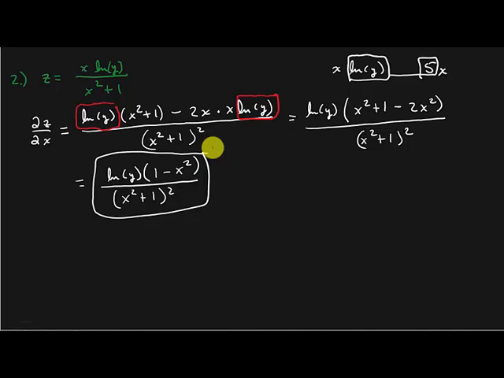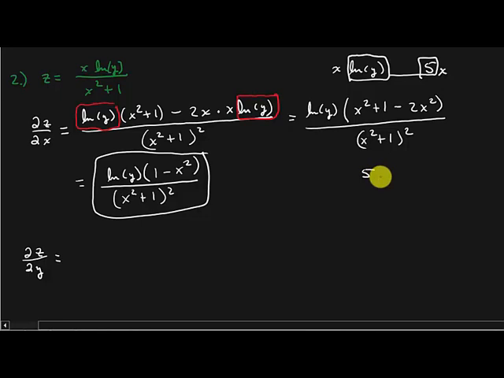All right. Now let's take the partial of z with respect to y. All right. So this might look complicated, but it's not. Let's think of it like this. What would be the derivative of 5 times the natural log of, say, x?